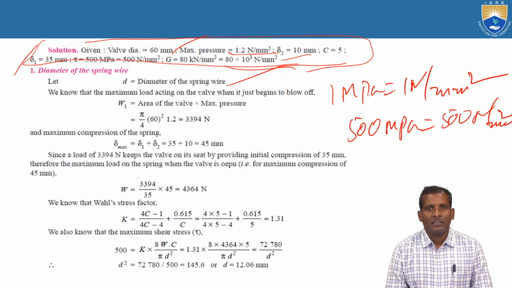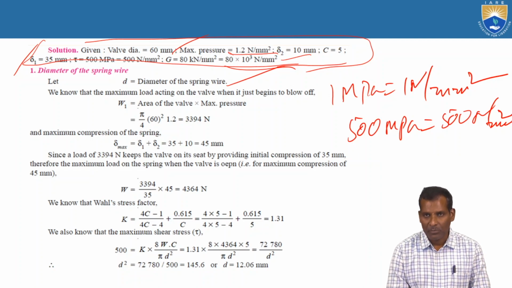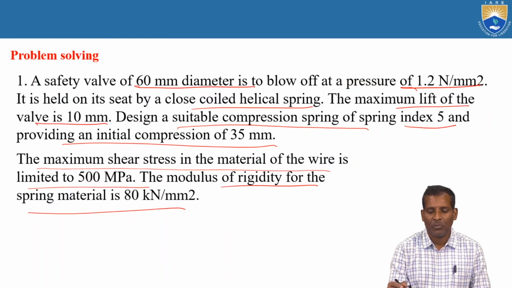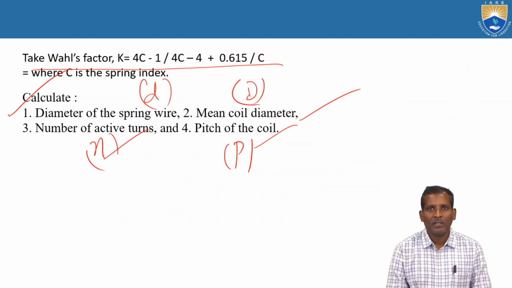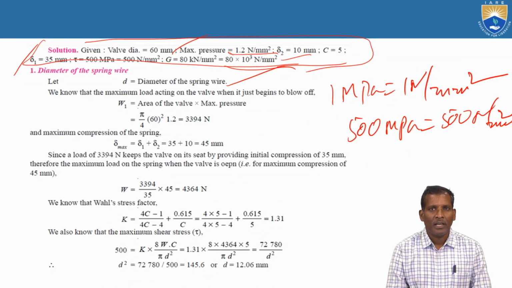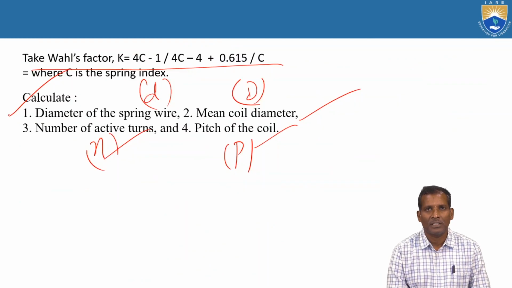The maximum load acting on the valve, when it just begins to blow off, is based on the blow-off pressure of 1.2 Newton per mm square. The area of the valve can be calculated since the diameter of the valve is 60 mm.